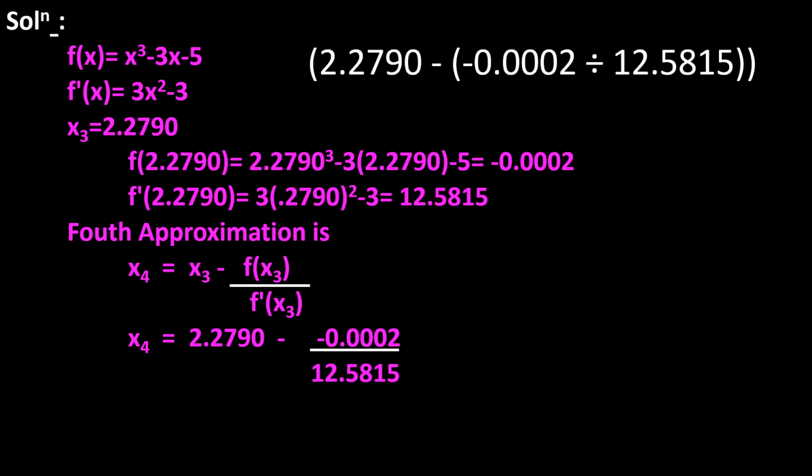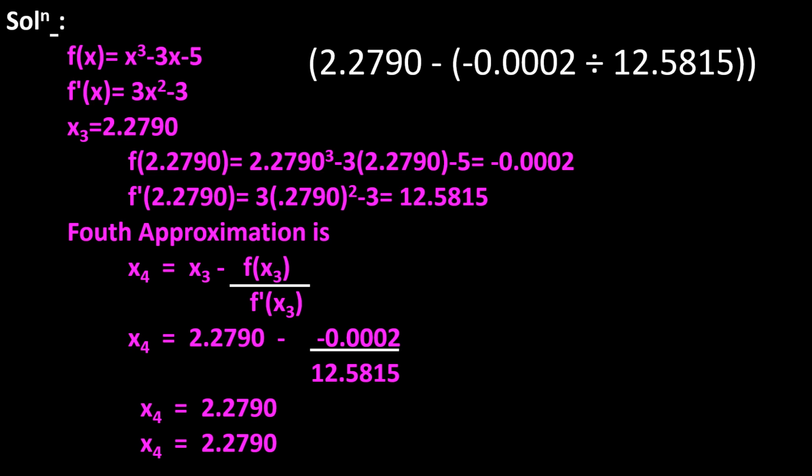This just calculates the division of numerator and denominator. After that, close the bracket. This will give the answer 2.2790. So x4 is 2.2790, and you can observe here x3 is 2.2790 and x4 is 2.2790.